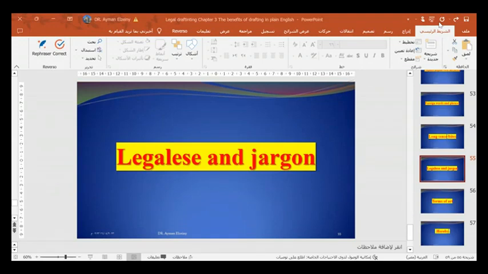Allied to legalese is jargon, by which we mean language peculiar to a profession.